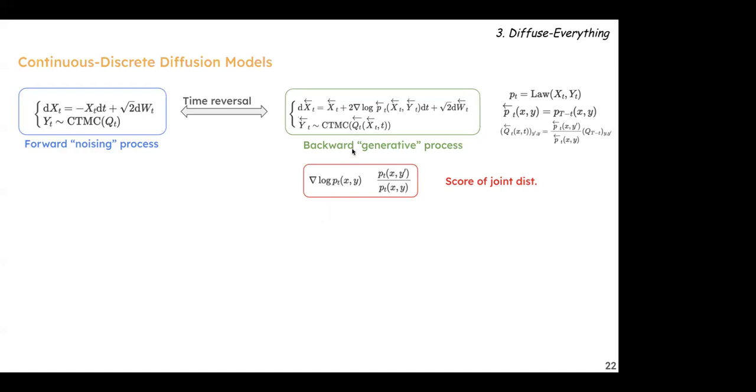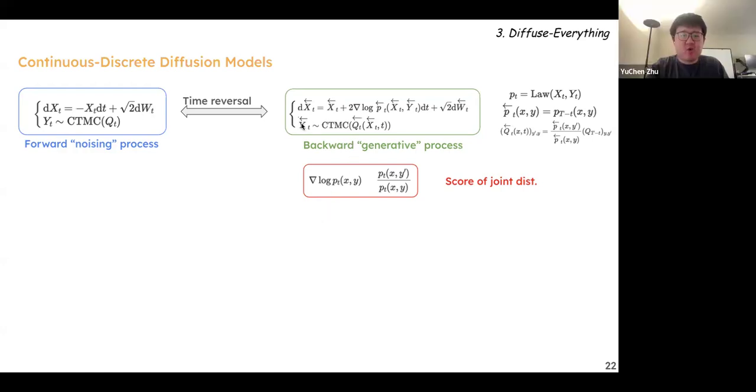thing. It also depends on Y_t itself, but essentially because Y_t, the transition rate matrix, is a big matrix, I just abbreviated the dependency of the transition rate of this Q_t here. It will actually pop up in this index.